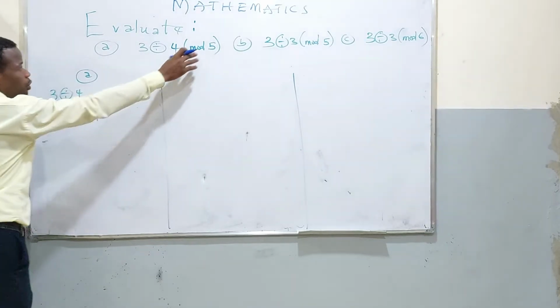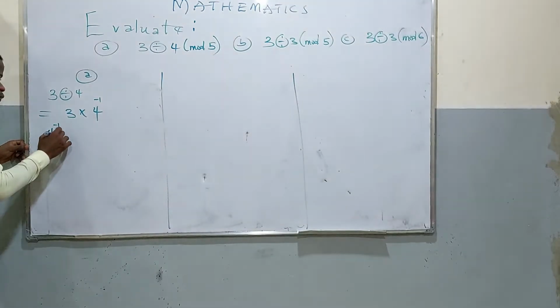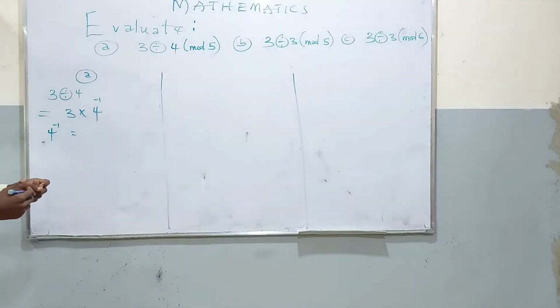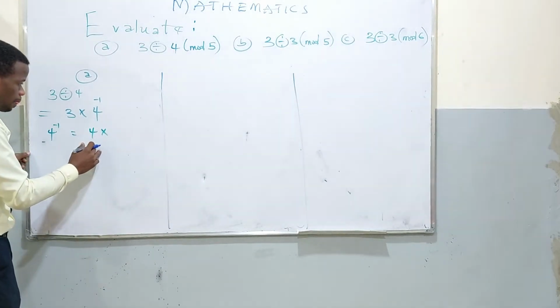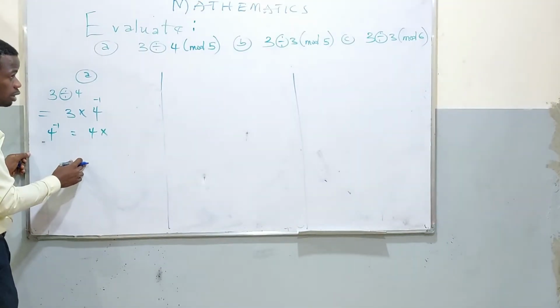We have the question in mod 5. What's the inverse of 4? In my previous video, I spoke about the inverse of 4. What can we multiply 4 with, in mod 5, so that we get 1? Let's try 4 times 4.